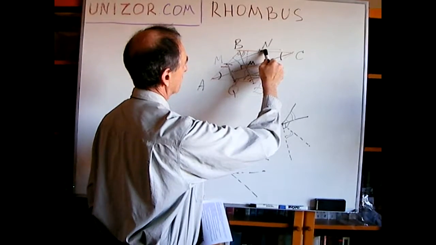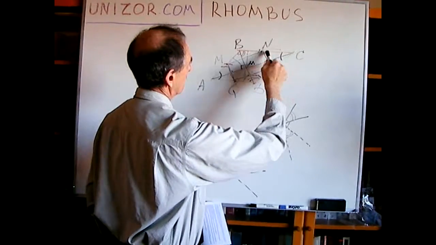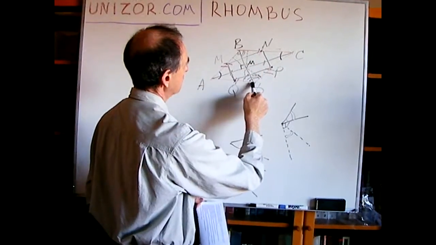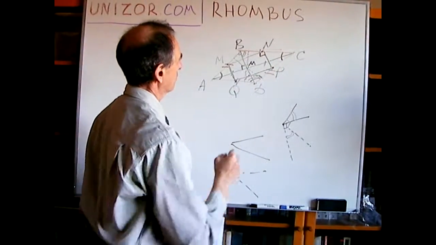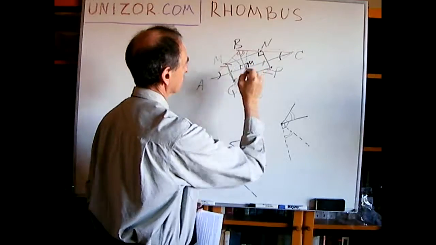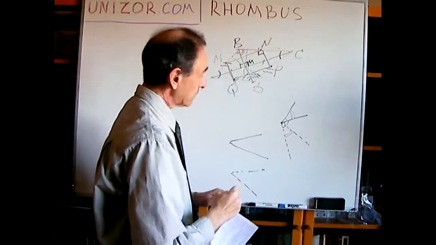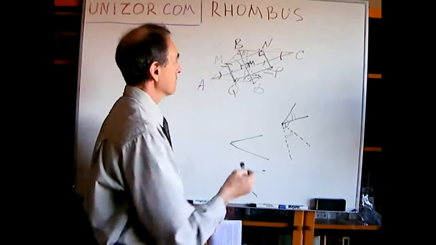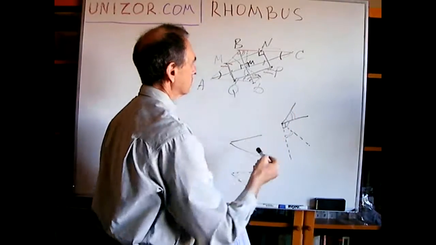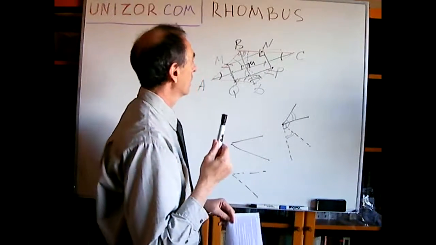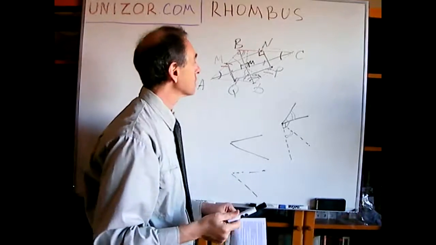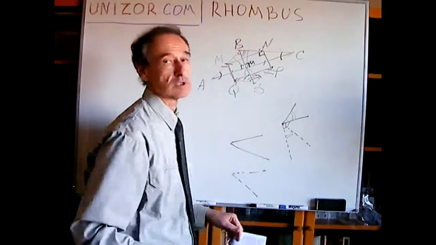Since MN is parallel to AC and NP is parallel to BD, then this angle between them is equal or supplemental to this. But we have already proven that the angle between diagonals of the rhombus is the right angle, 90 degrees, which means this is also 90 degrees.